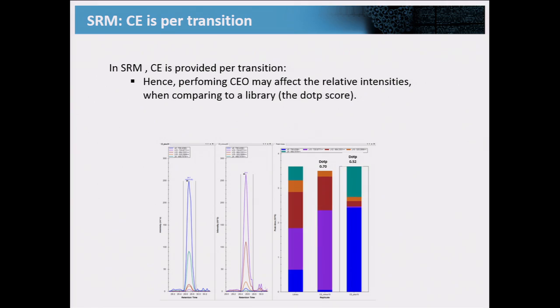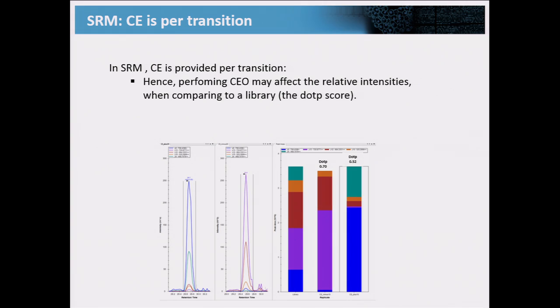As expressed here by the dot product, here it's 0.7, here it's 0.52, but even without the numbers, just from the distribution of the colors, you can see there's a difference in the relative intensities. So if you do this, please remember afterwards when you look at the scores, they might have changed.